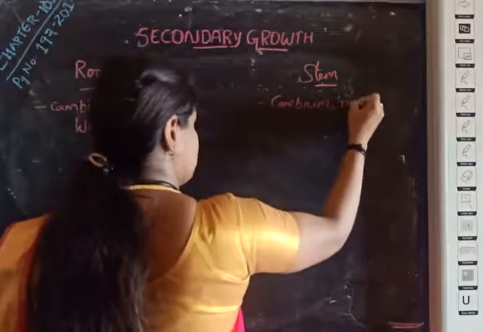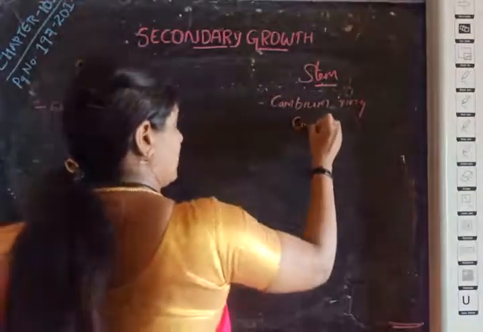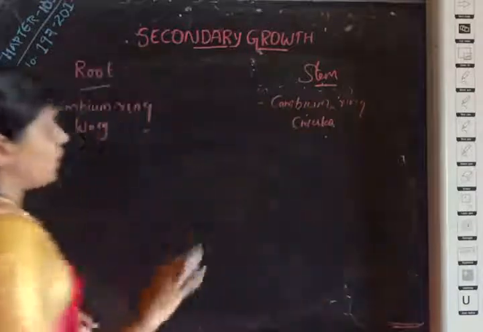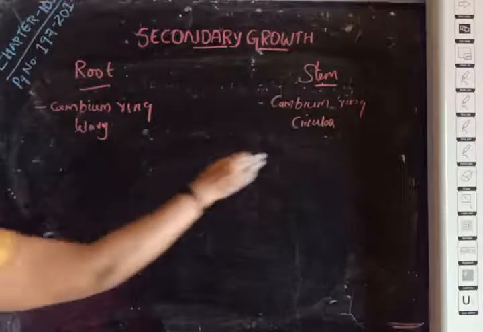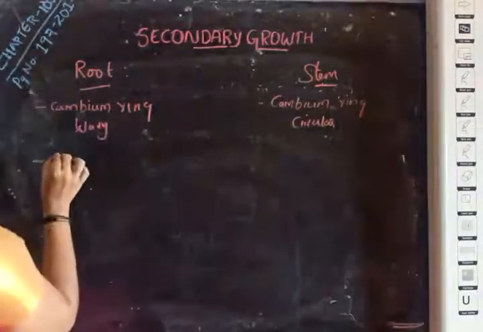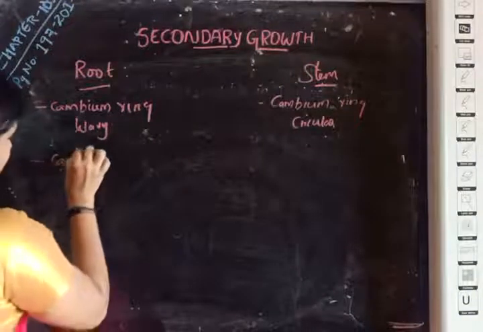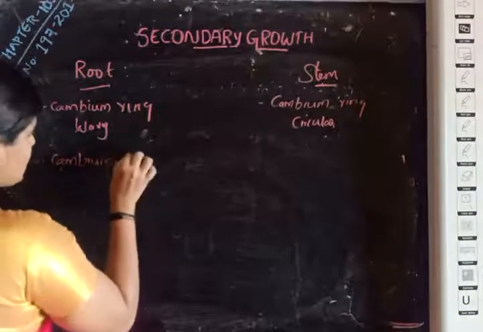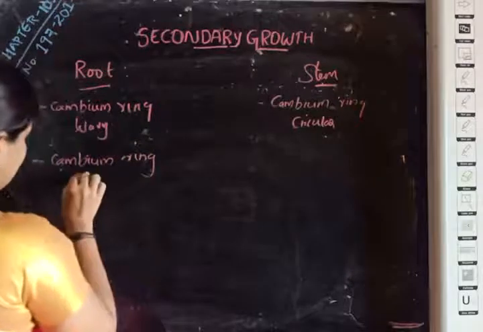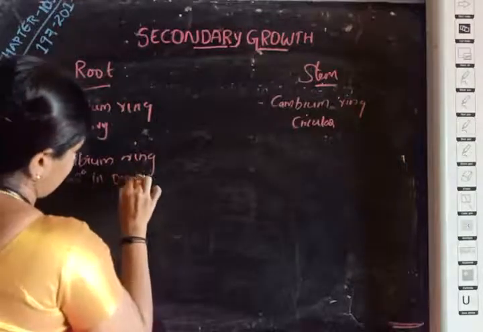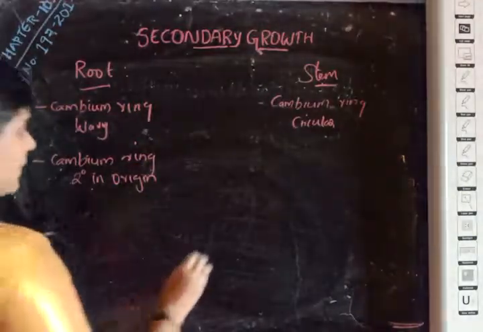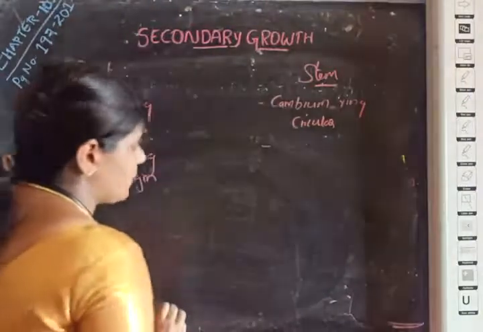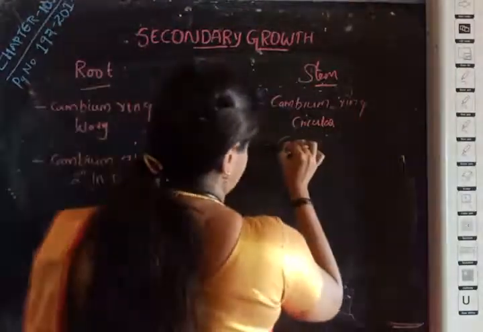Cambium ring circular in nature always. Okay. Then the cambium ring is completely secondary in origin in dicot root, compared to dicot stem, where the cambium ring is partially secondary in origin.